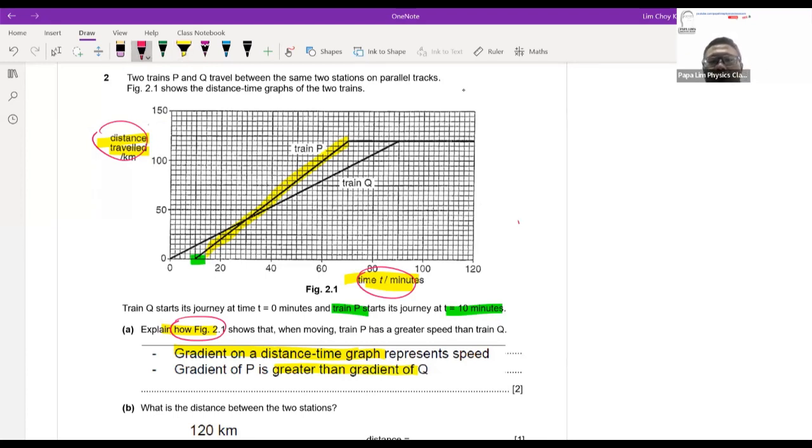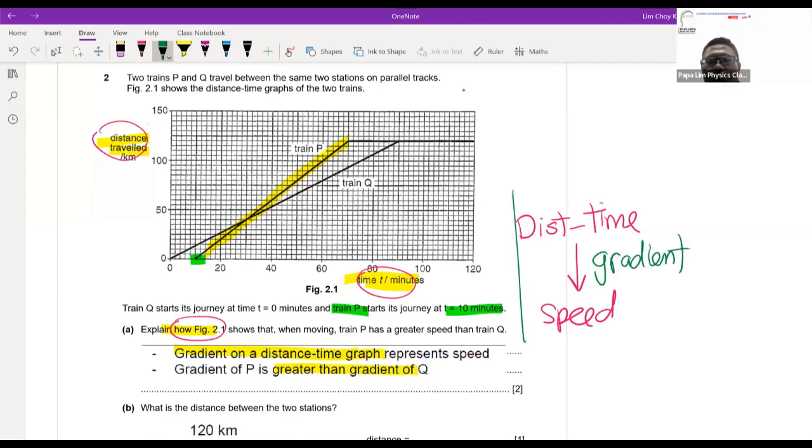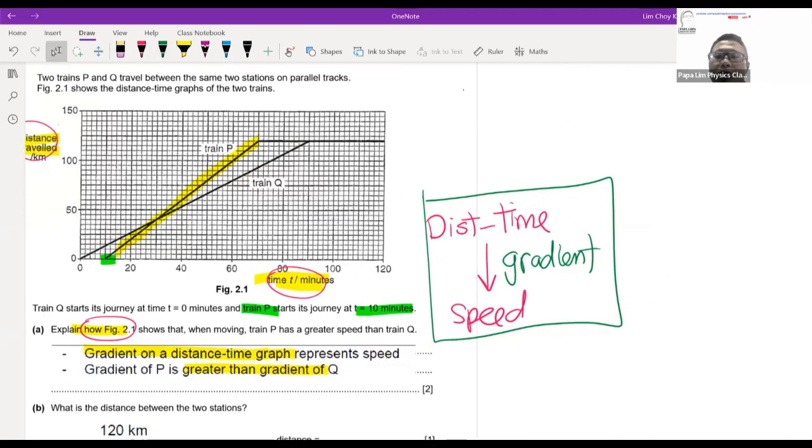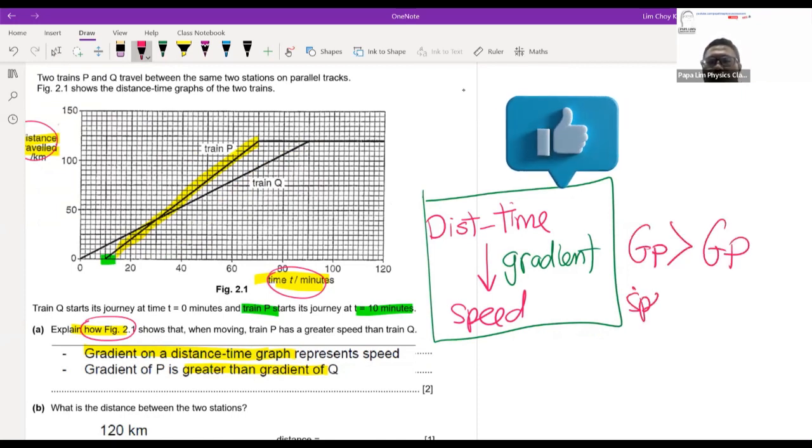Because ultimately, for a distance time graph, where we derive information about the speed, what we are looking at is the gradient of the line. This is one important concept that students have to know, the way that we derive speed from the distance time graph. From here, we know that the greater the gradient, the greater is the speed of the object.